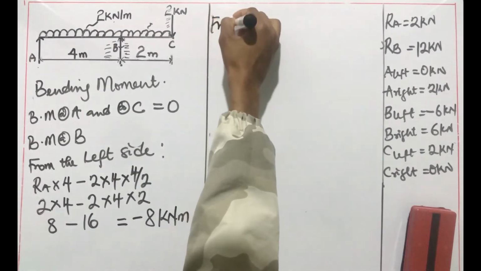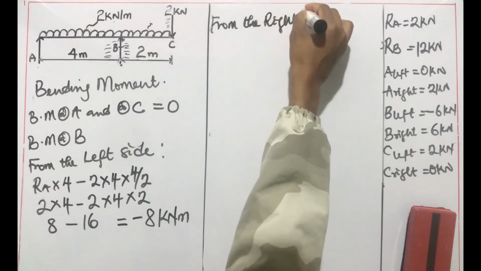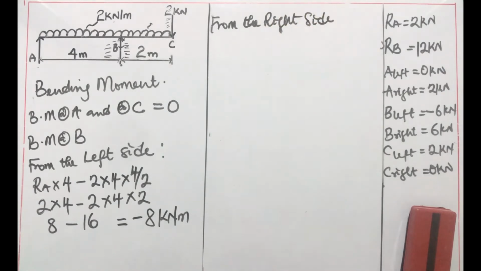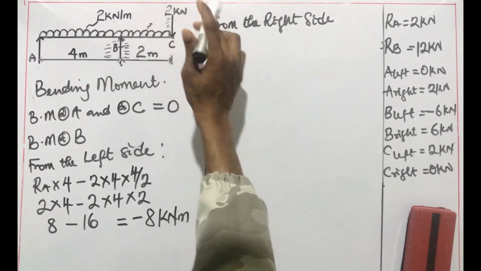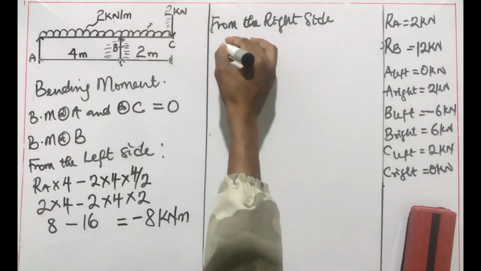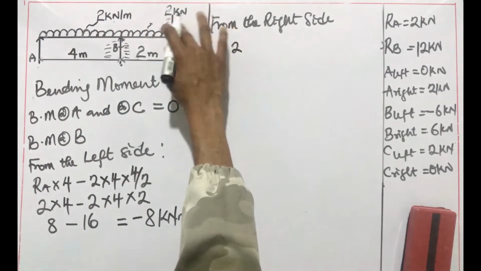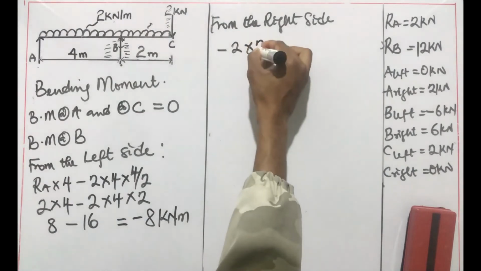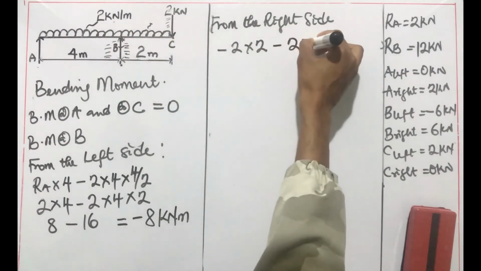Next, I'm going to take it from the right hand side. Now pay a little bit of attention because at this point, sign convention plays. So we have the 2 kilonewton force, it is supposed to be a clockwise moment, but because we're starting from the right hand side, it will be a negative moment.